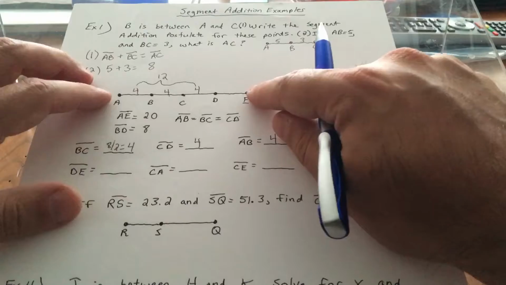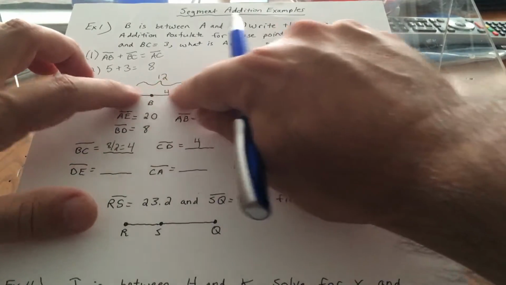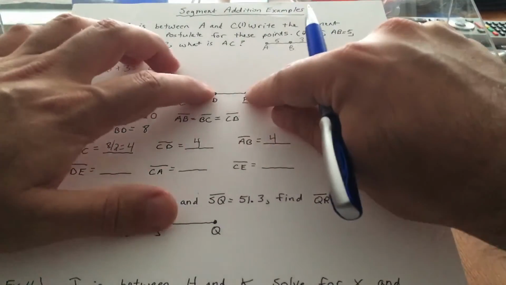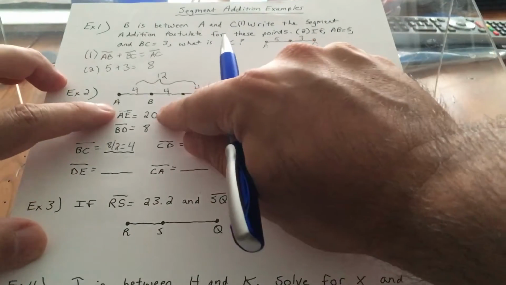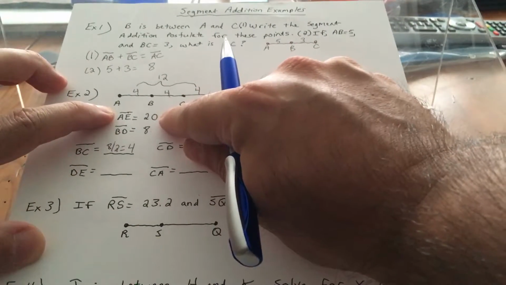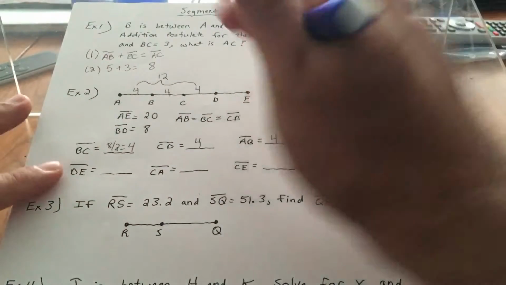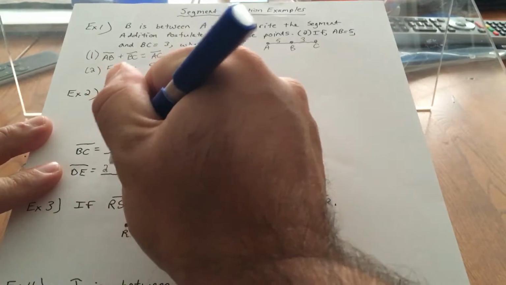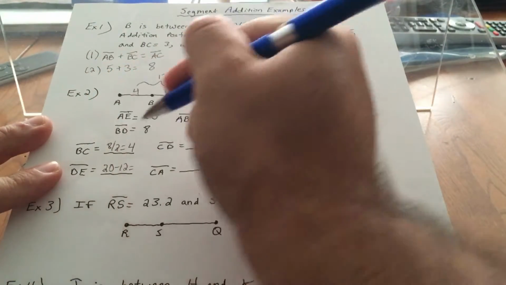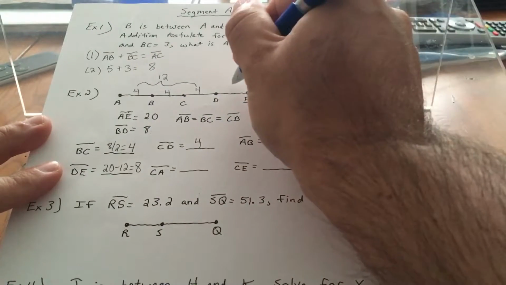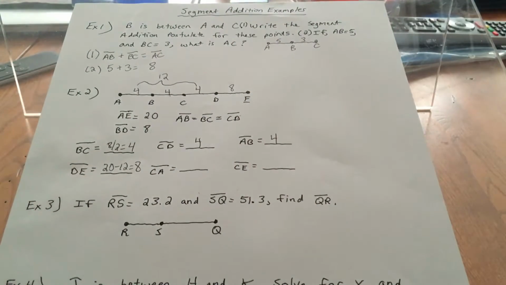Now notice these 3 segments make up everything but DE. So if we take the number they give us for AE, which is 20, and subtract the 12, we'll get the length of DE. So DE is going to be 20 minus 12, which is equal to 8. All right, so DE is equal to 8.